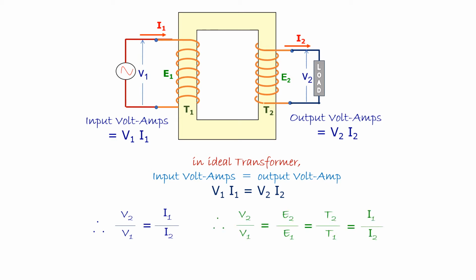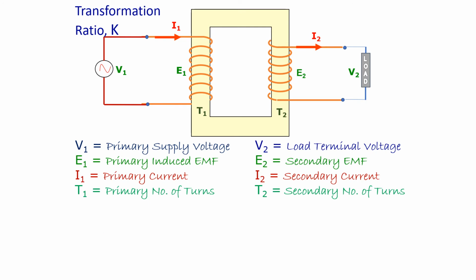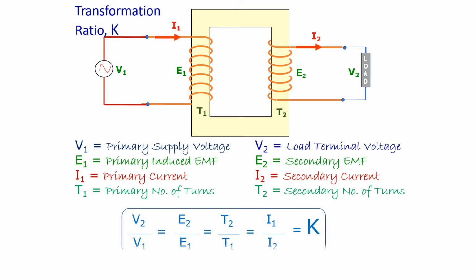Now the final ratio equation is written like this. K is called the transformation ratio of the transformer. V2 by V1, E2 by E1, T2 by T1 all are equal to K. But the currents I1 by I2 will be equal to K.